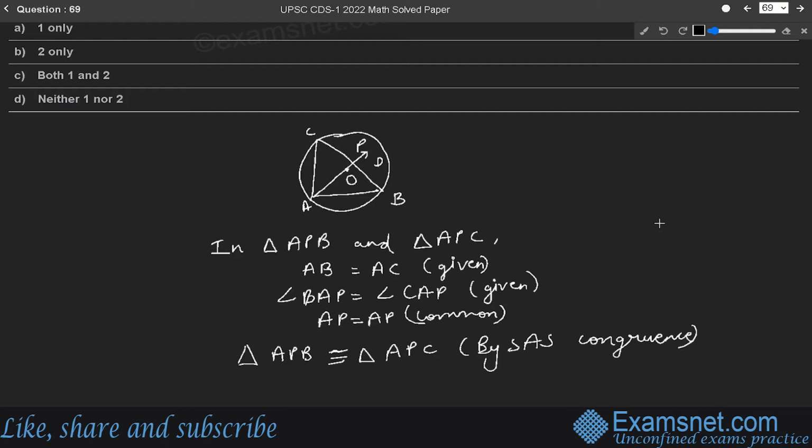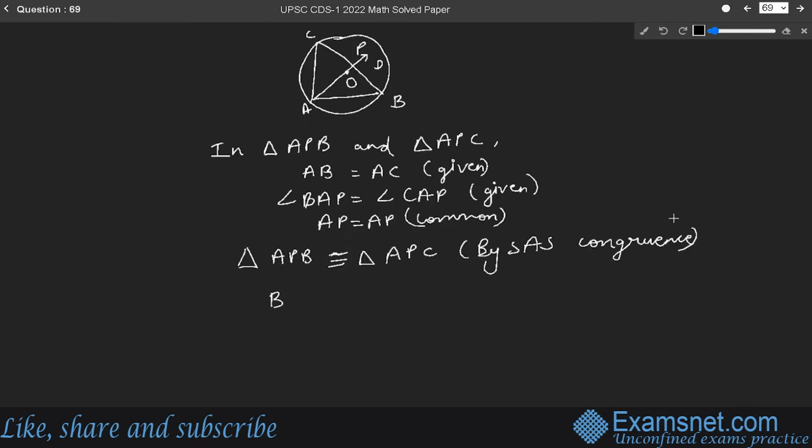So by the property of congruent triangles, we will have BP is equal to CP and angle APB is equal to angle APC. Now we know that angles APB and APC are a linear pair. You can see that this is a straight line CB.